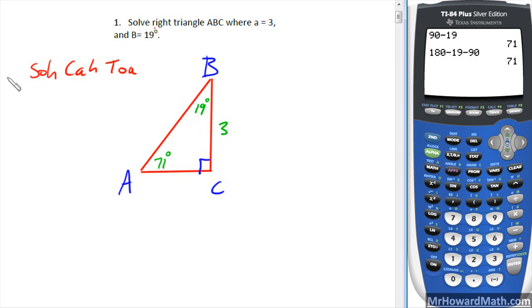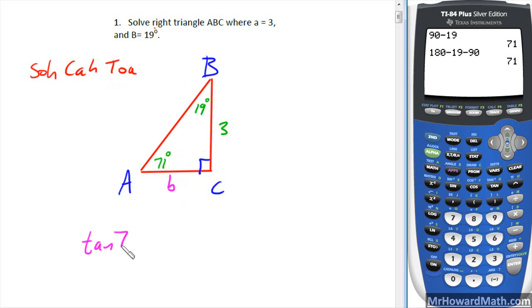Okay, now you have a lot of choice when you're doing SOHCAHTOA. Let's say I choose to use this angle, and I'm going to choose to find side B first. So if that's my choice, then I take this angle and I have the opposite side and I need the adjacent side, so that gives me tangent that I need to use.